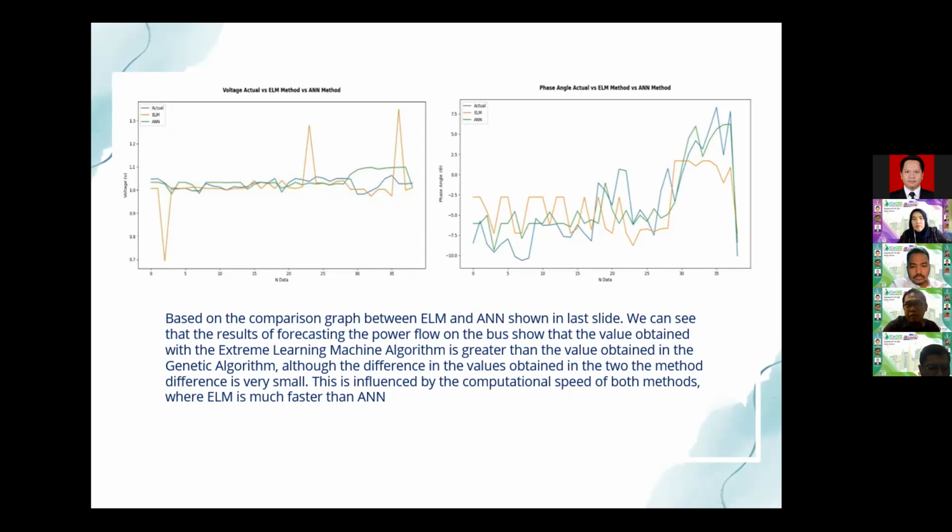Although the difference in the optimal value between the two methods is very small, the computation speed of ELM is much faster than ANN.